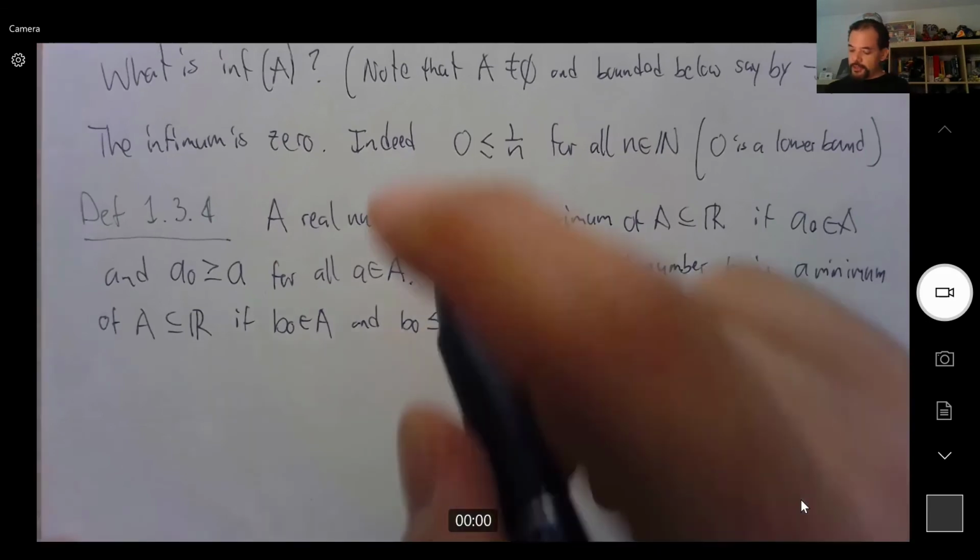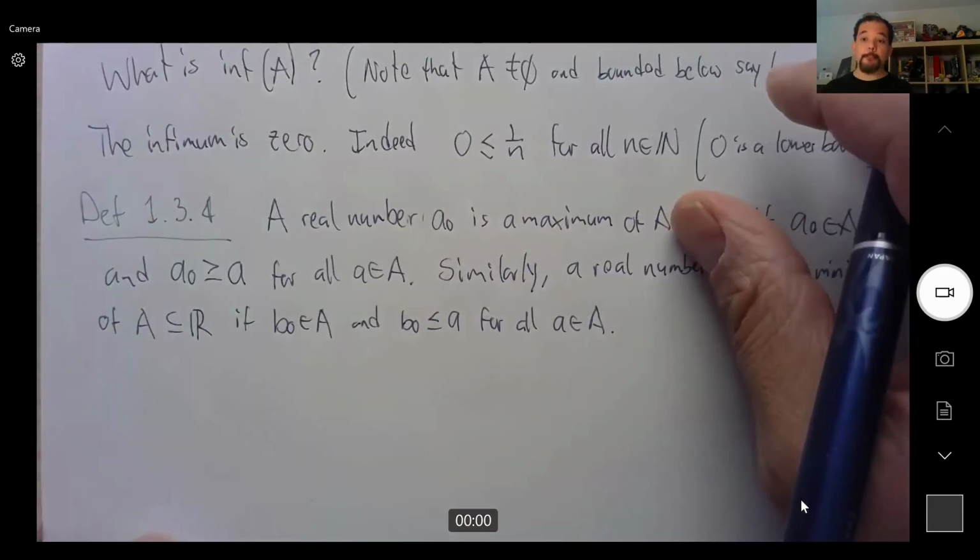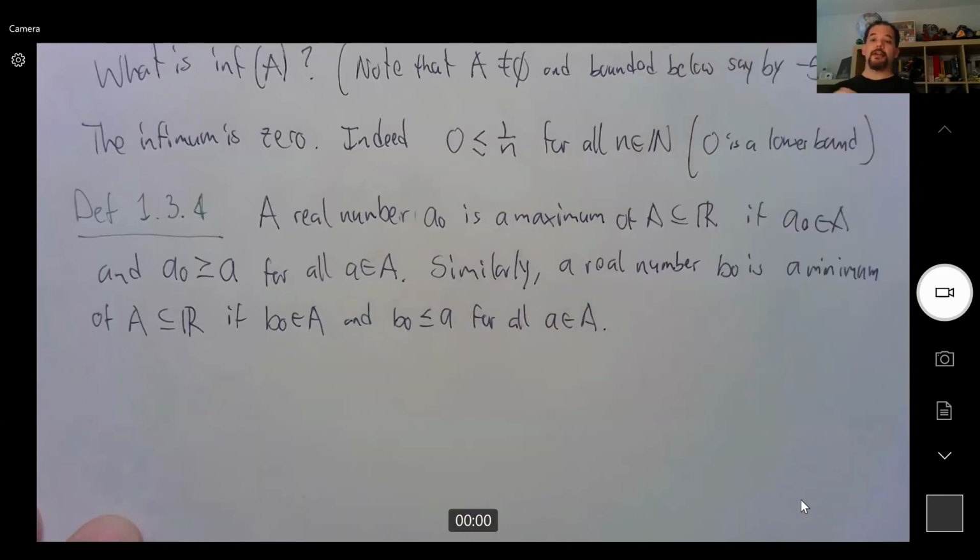What is true, though, is that if a set has a maximum or a minimum, then that's automatically the supremum or the infimum. But you need to then show it is the maximum.